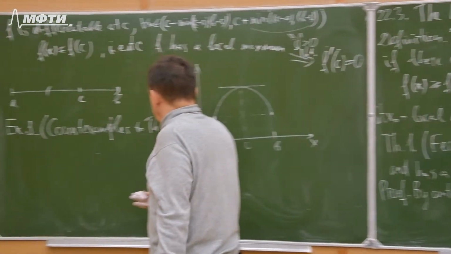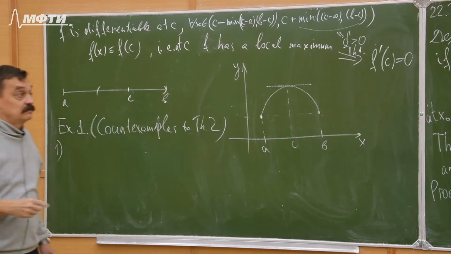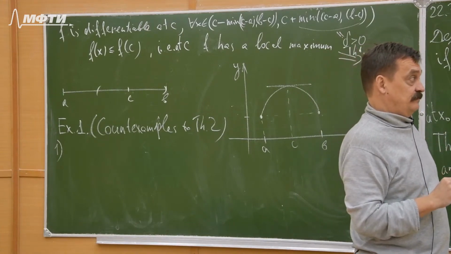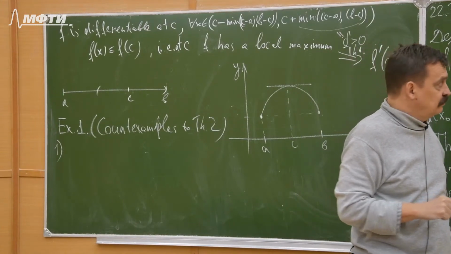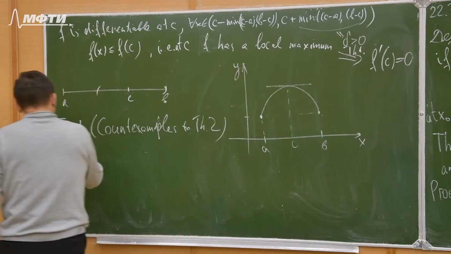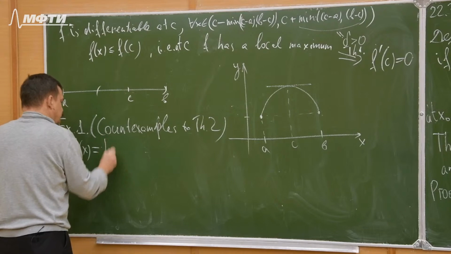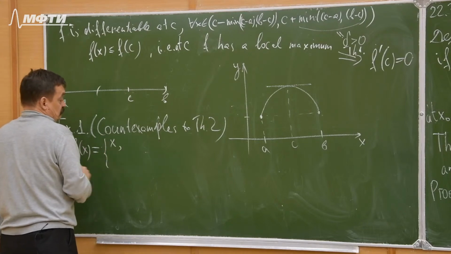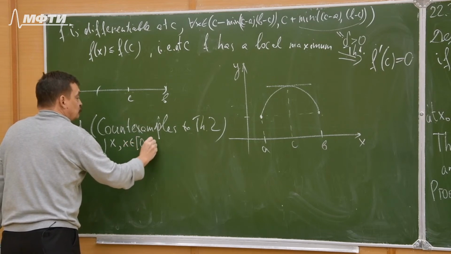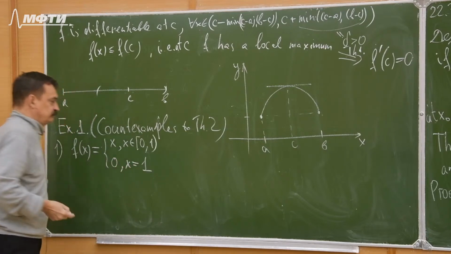And now, counterexamples. So, firstly, forget about the very first. So, suppose it's differentiable on an interval, and f of a equals f of b. So, for that reason, let it be f of x equals, let's say, x for x from 0 to 1, and 0 for x equals 1.